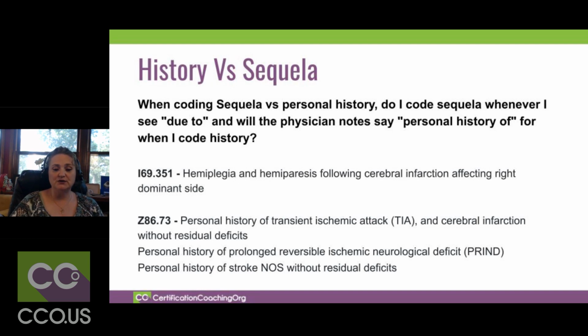And that also could state personal history of prolonged reversible ischemic neurological deficit, or personal history of stroke not otherwise specified without residual deficits. Okay, personal history, you have no long-term effect from that. Sequela, they've had a stroke, and now they have a new diagnosis, or something else is left over due to the stroke. Okay.